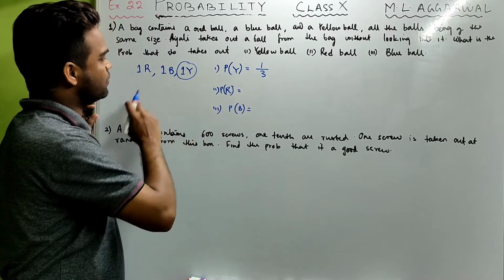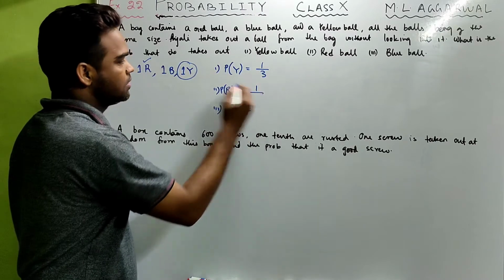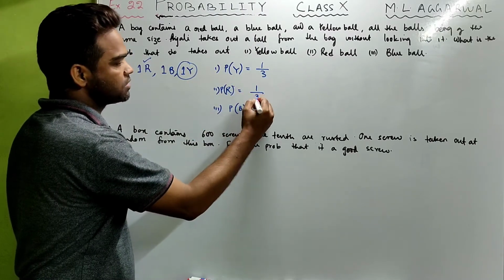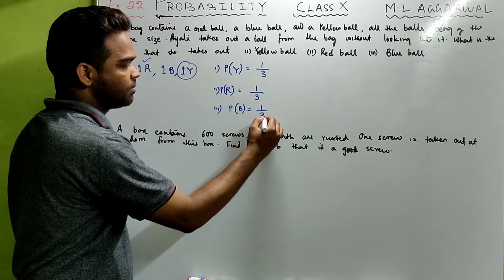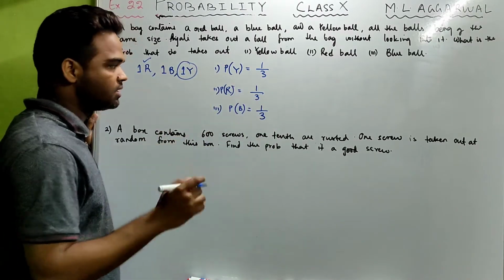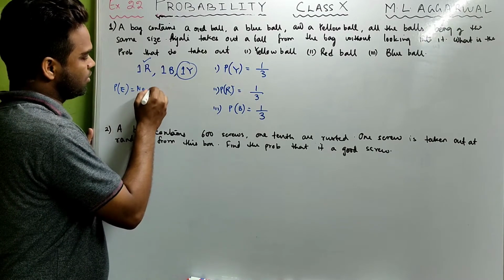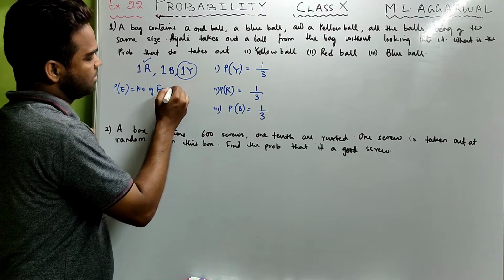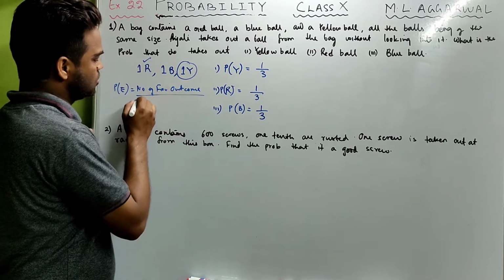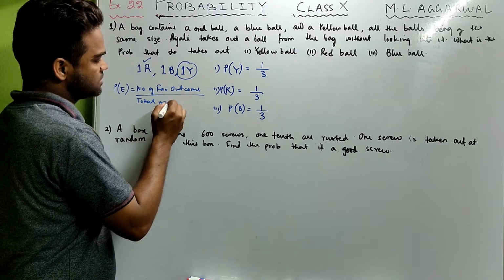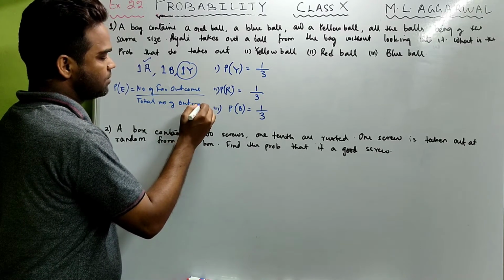In the same fashion, when we take out a red ball, one favorable outcome, total number of outcomes is 3. Blue ball, one favorable outcome, total number of outcomes is 3. So 1 by 3. Probability of an event is number of favorable outcomes by total number of outcomes. This is the only formula we have done till now. Done.